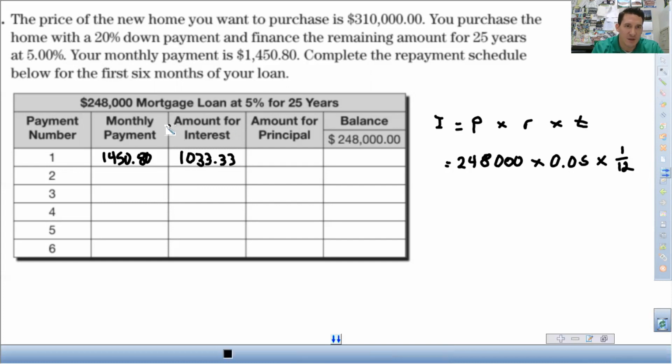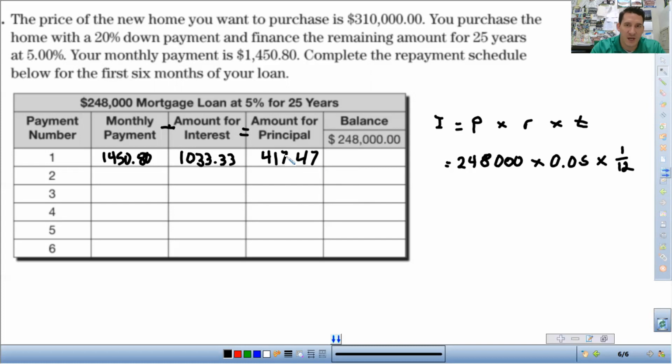So for the amount of principal, you subtract these two. The monthly payment minus the amount for interest gives the amount for principal. So 1450.80 minus 1,033.33 comes out to $417.47. And then to figure out the new balance, you do the old balance minus the amount of principal.